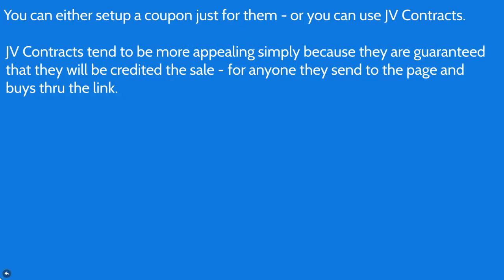Now, if you set up a JVZoo JV contract and you put them on the contract, then any sale that they refer to that page, even if somebody else comes to that page, they are credited. So as an affiliate, as a joint venture partner, they are going to take you a lot more seriously. They are more likely to push harder because they know that they are not going to lose money.